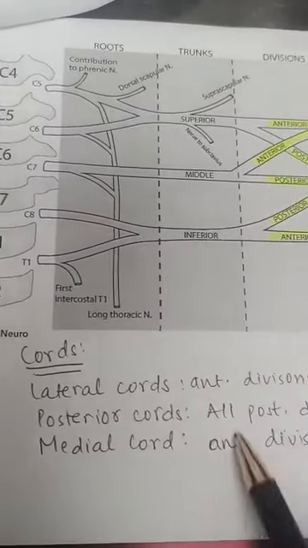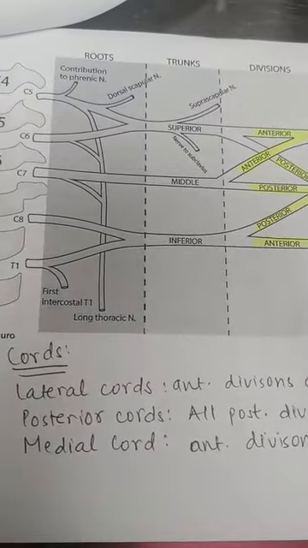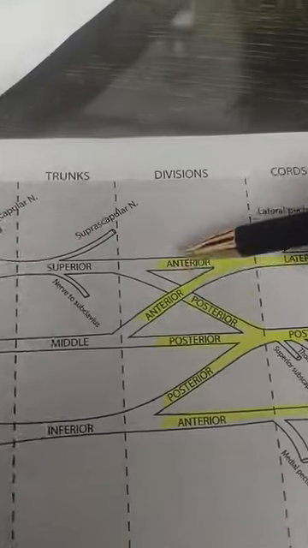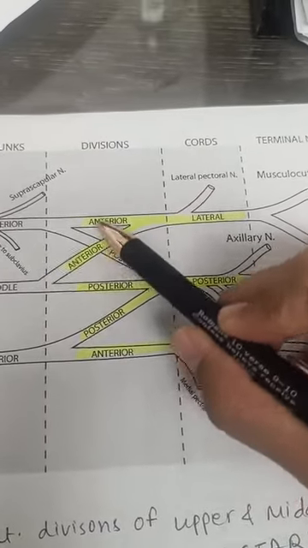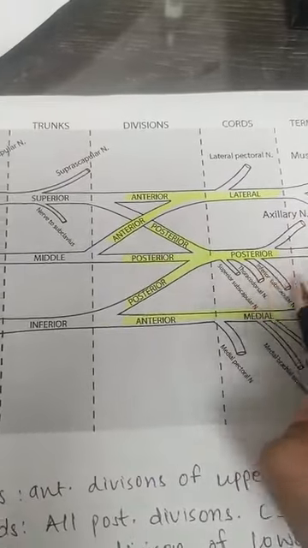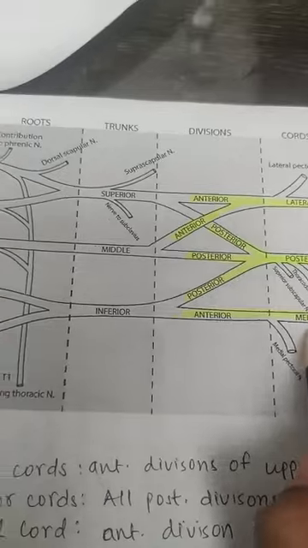The lateral one is the last remaining: the anterior divisions of the upper and middle trunks combine to form the lateral cord.